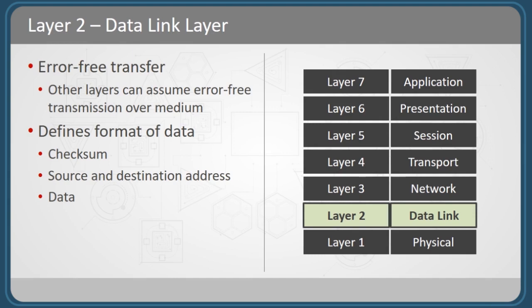A checksum is a mathematical calculation that is applied to a chunk of data that says, if you have this value and that value, then it should add up to this other value. This is a very, very loose description, but let's just say you are sending the number 2.